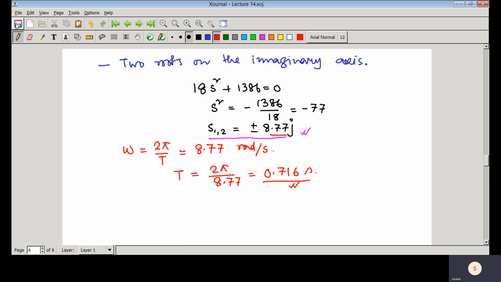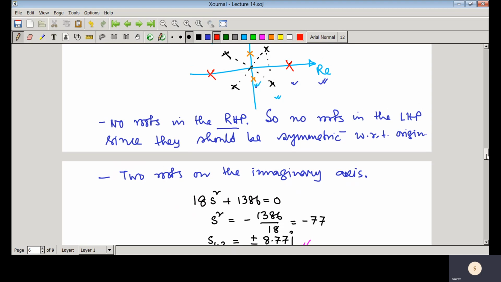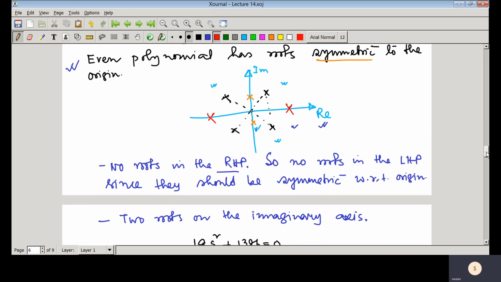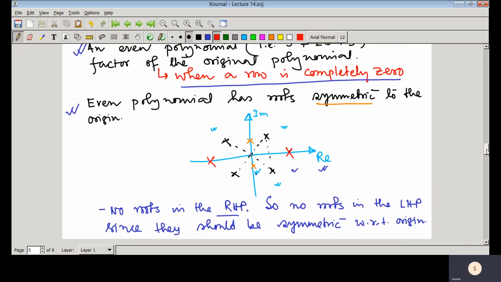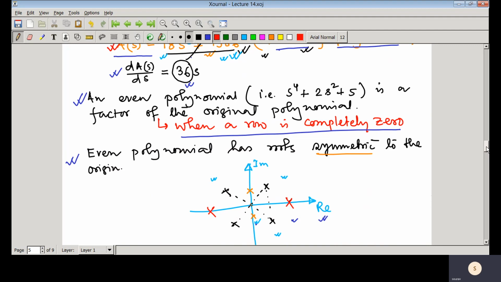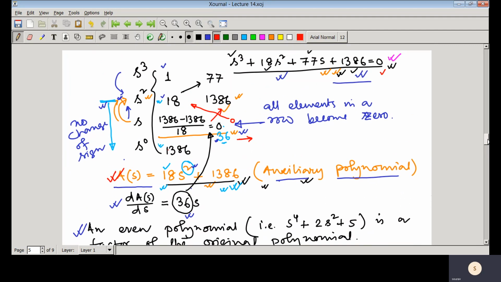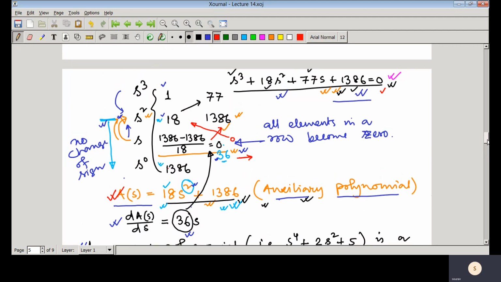So it is very interesting to see the various parameters as well as the performance and stability of a closed loop system using this Routh-Hurwitz criteria.